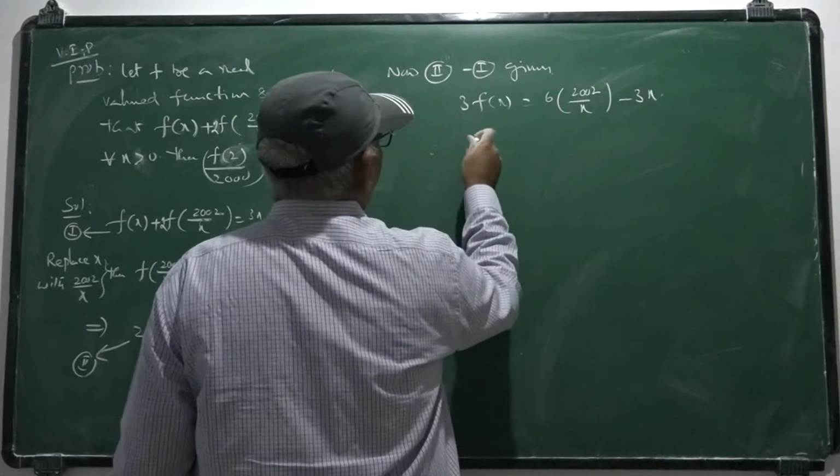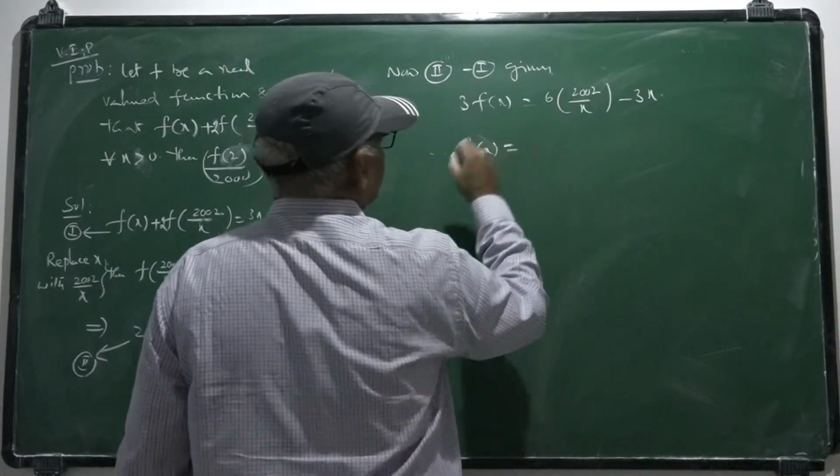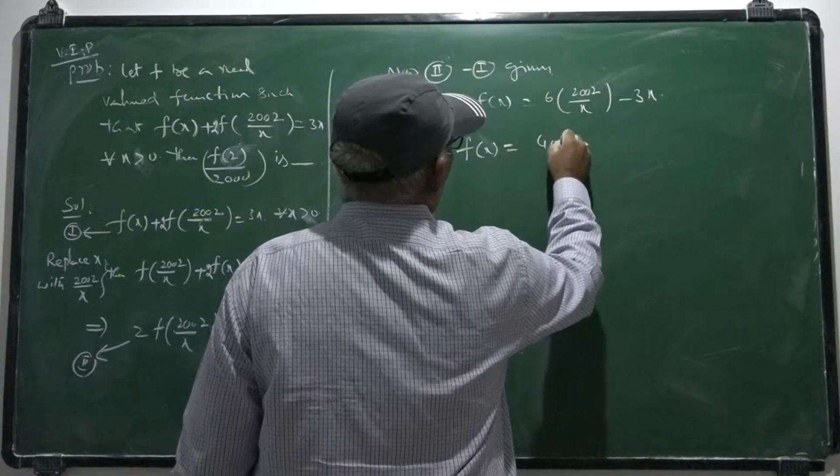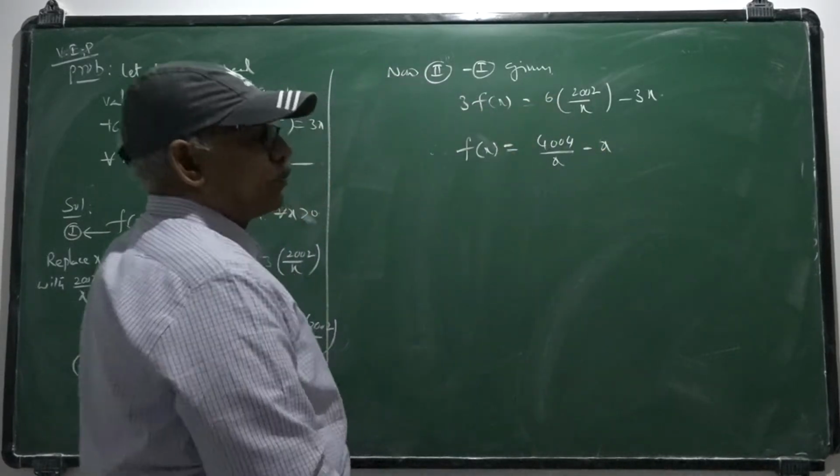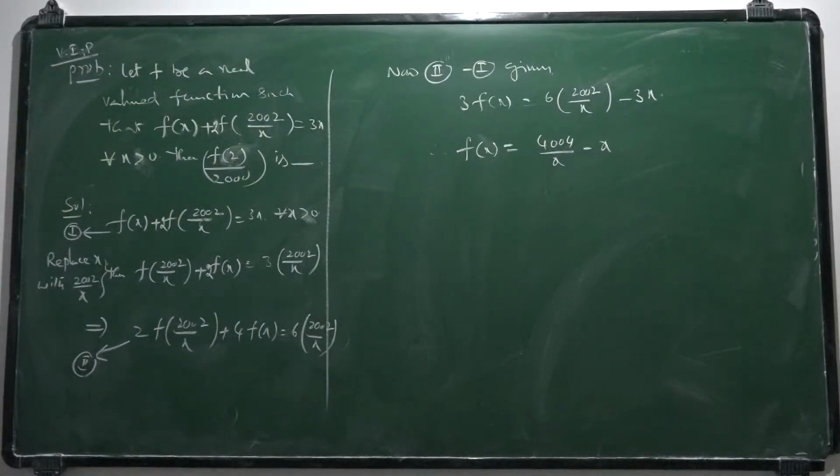You can remove 3 on both sides so that we get f(x) is 4004/x minus x, that is the function.